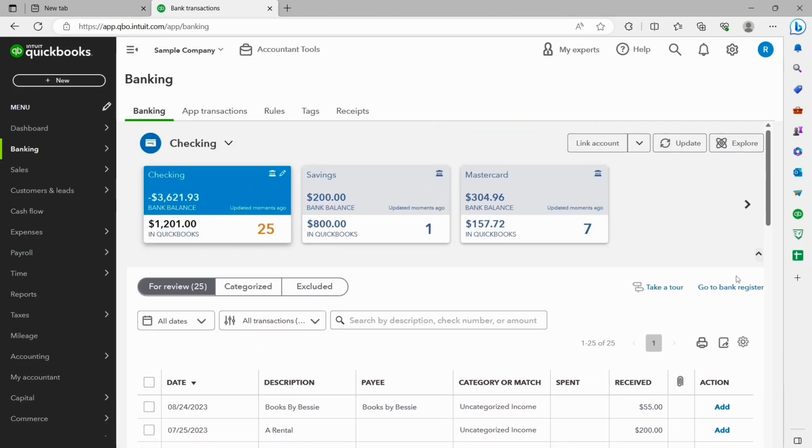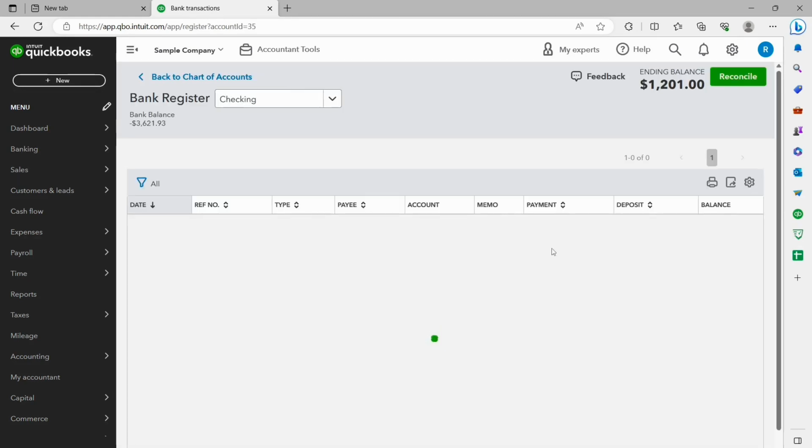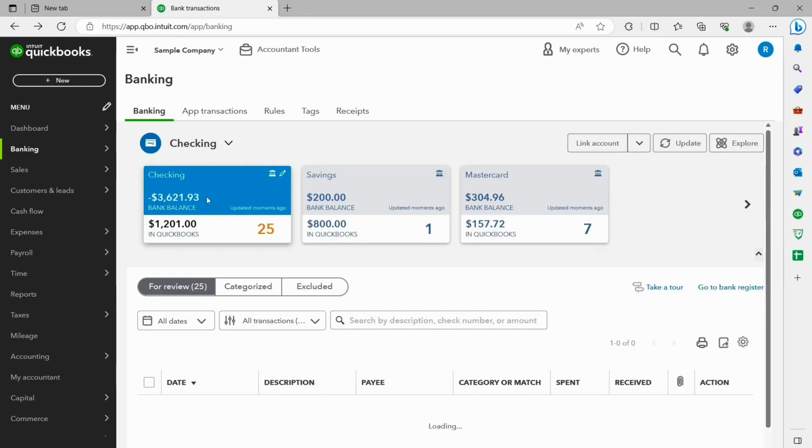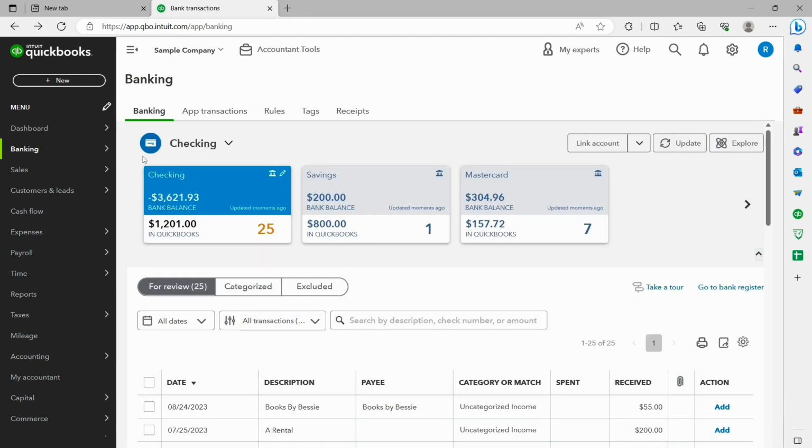Then if you go to the register, these are the transactions that I, as a bookkeeper, put into your software. So this one's here, they have to match with what is in the bank.